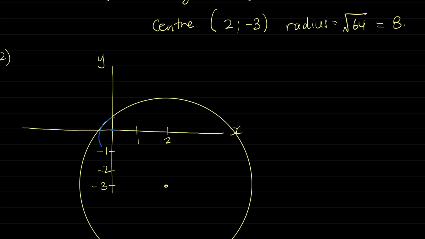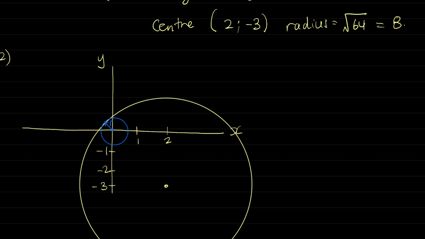Let's just draw it. It's not ideal, but I think it makes the point. Okay, and so they want to know what is the value of r. So they want to know what the radius is going to be.